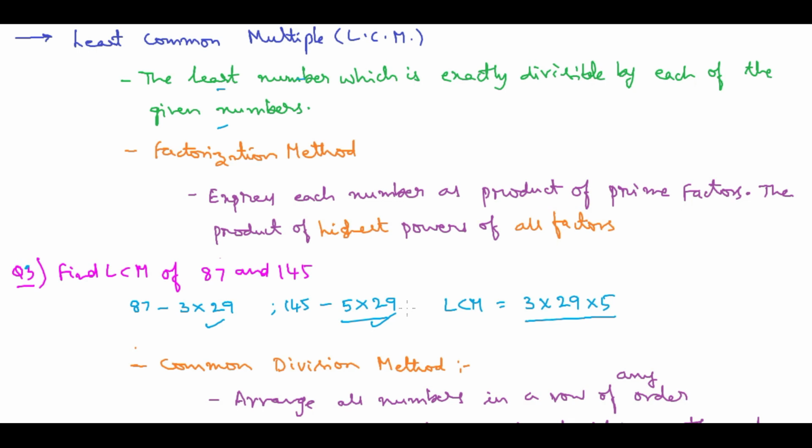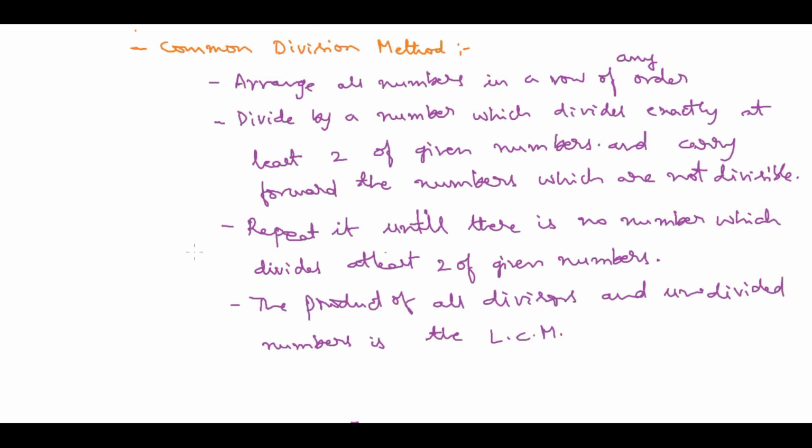Now let's move on to the common division method. What does it mean? First we arrange all numbers in a row in any order and divide by a number which divides exactly at least two of the given numbers, and carry forward the numbers which are not divisible.